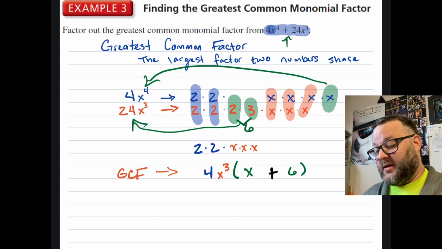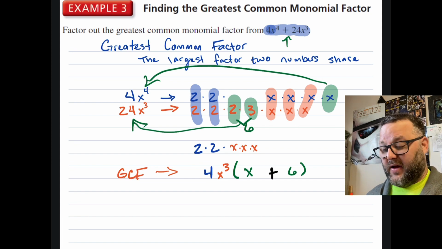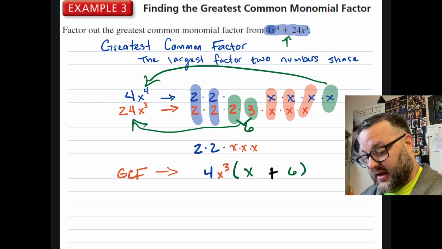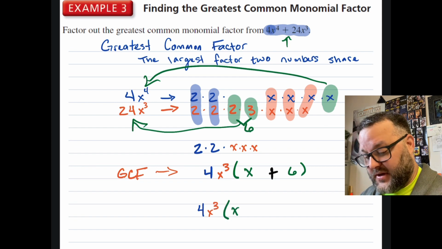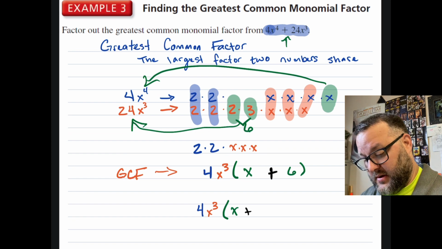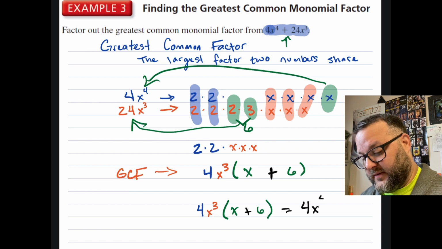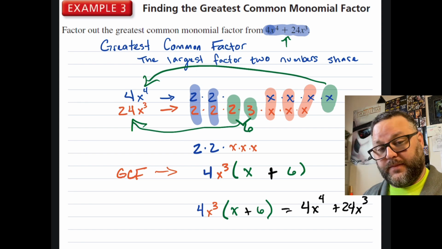And if I write this by factoring out that greatest common factor, what I'm saying is 4x cubed times x plus 6 is the same thing as 4x to the fourth plus 24x cubed.